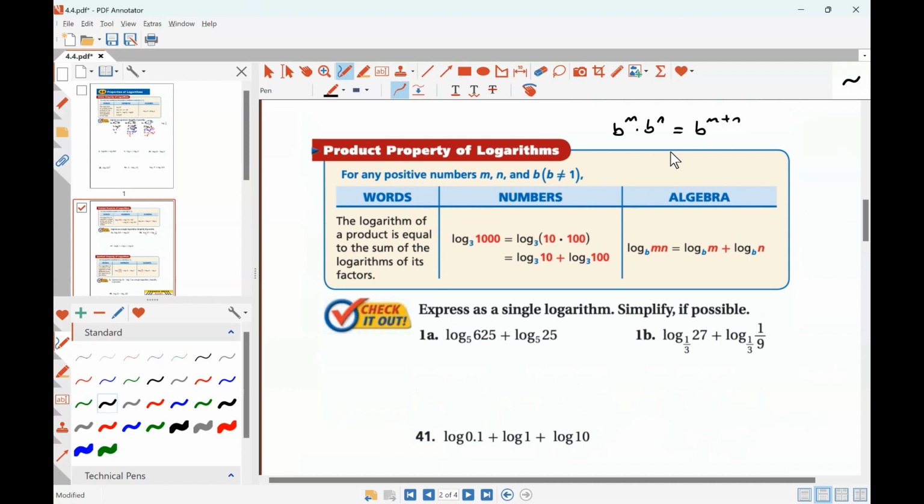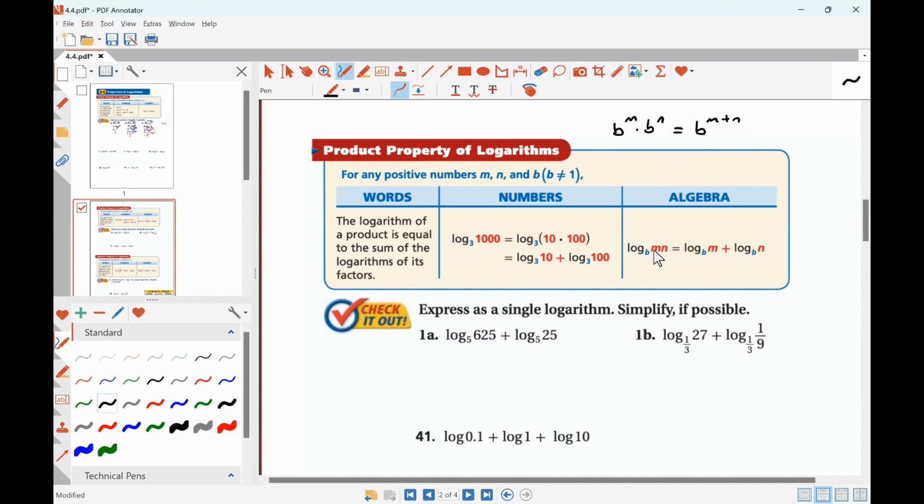Since exponent means logarithm, in this property, when there is a product, we just rewrite the logarithm as a sum of two logarithms, like adding the exponents. Adding the exponents in logarithm means adding the logarithms. Exponent refers to logarithm, so we just add the logarithms when there is a product.